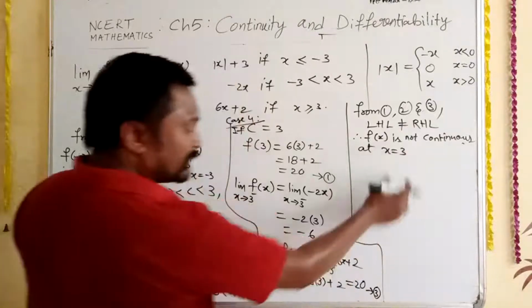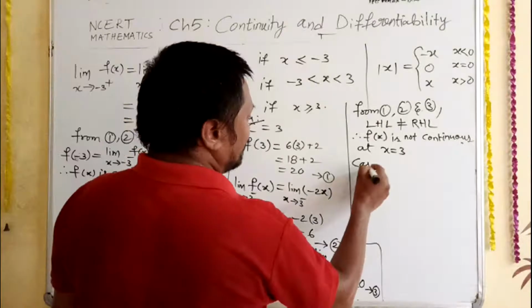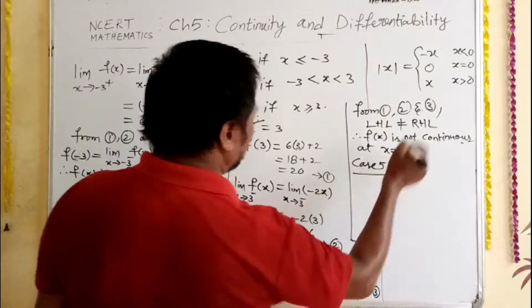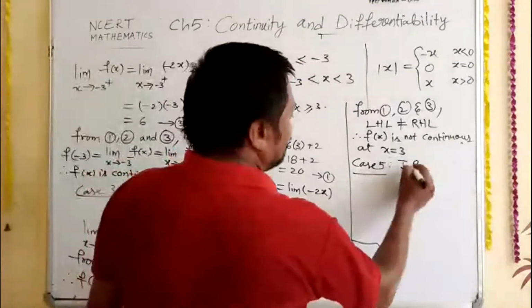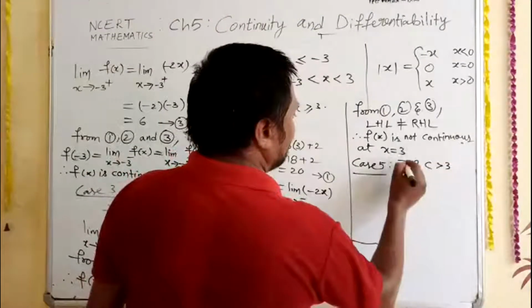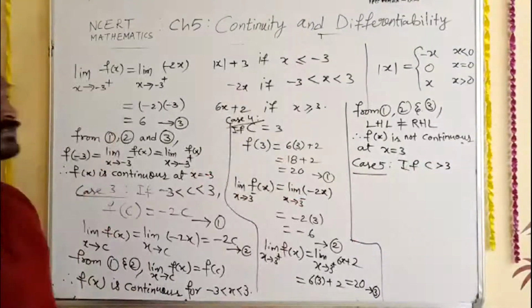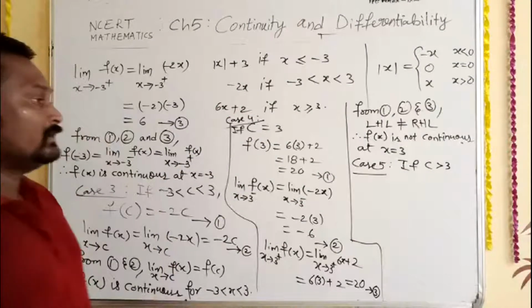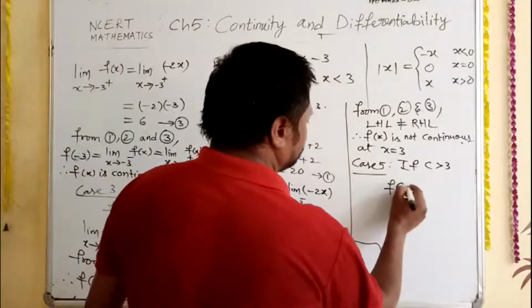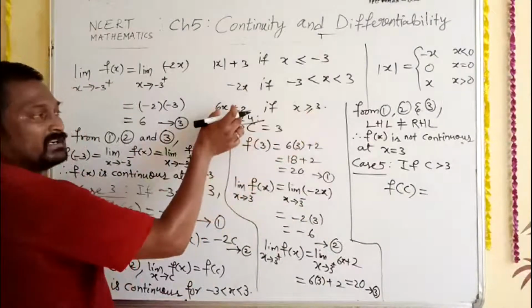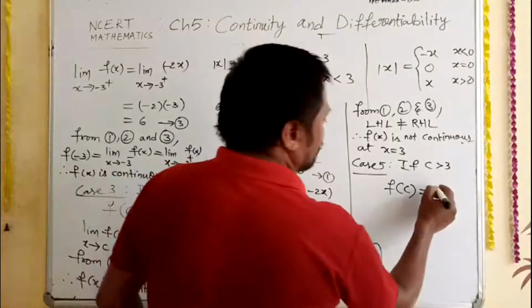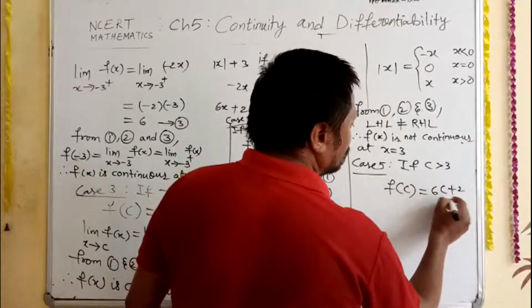Now after that, the last case, case number 5: if c is greater than 3. If c is greater than 3, then f of c is, whenever x is greater than 3, the function 6x plus 2. So write 6c plus 2.